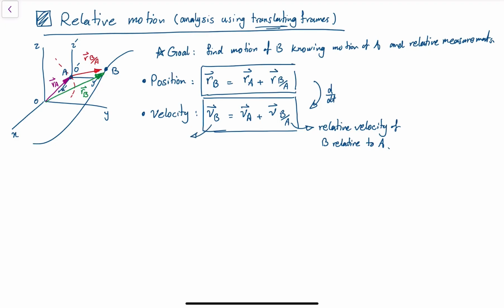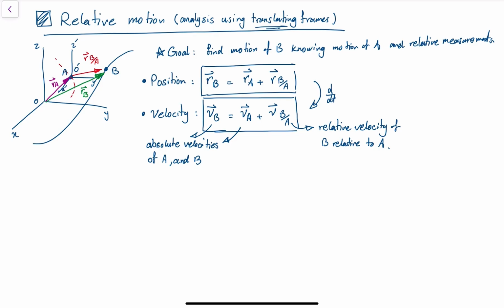And this one is absolute velocity of A and B. Absolute velocities of A and B. And that one is relative velocity.